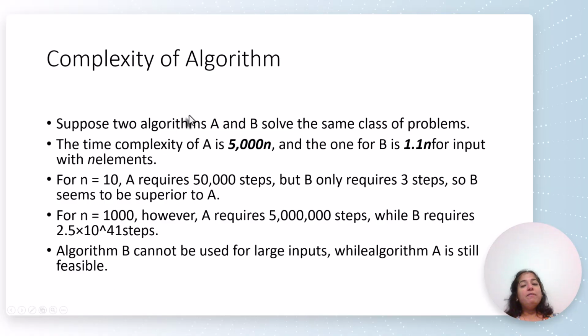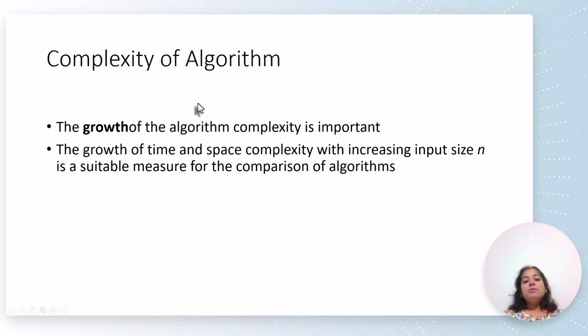So again, whenever the number of elements is small, whenever the input size is small, we generally do not care about the algorithm. But when the input size increases, we need to think a lot. So we use the growth of the algorithm. Complexity is important, that is, how the growth of the function changes as the input size changes, and the growth of the time and space complexity with increasing input size n is a suitable measure for the comparison of algorithms.